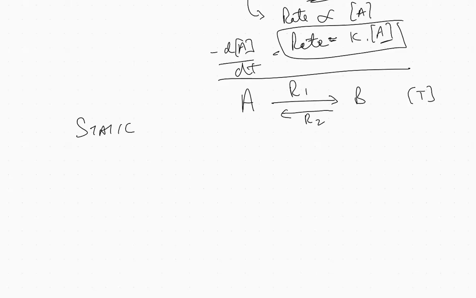In chemistry, we talk about dynamic equilibrium, because the forward reaction rate is balanced by the reverse, or backward, reaction rate. So then we have an equilibrium.